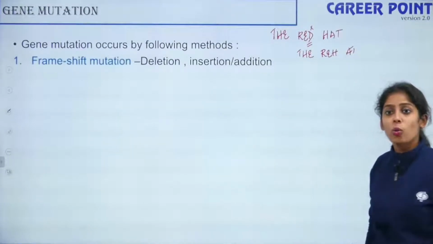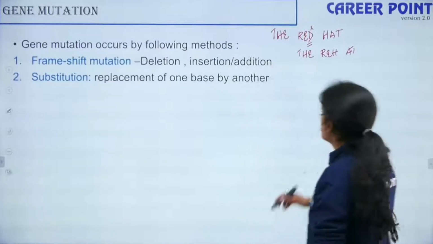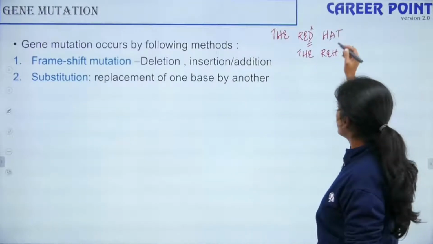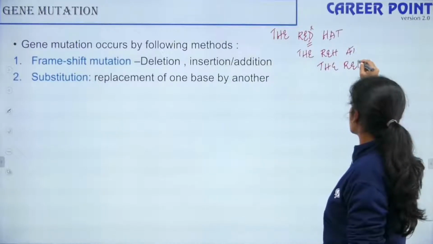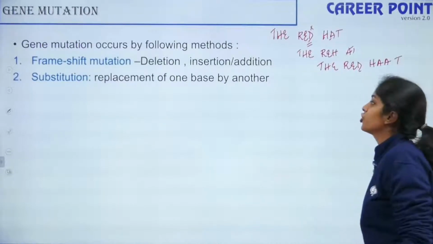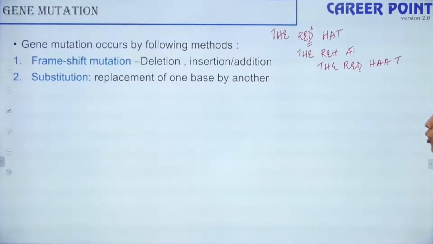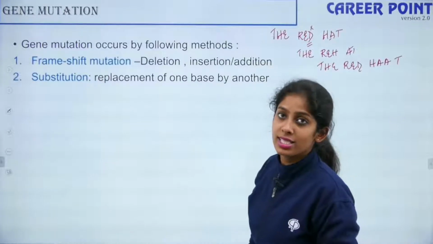No, it changes the way we read, right? So this is my frame shift mutation. So suppose if I have another word here. So this also changes my reading frame because your codons can be read in a triplet form only. So it can read only 3 words at a time.